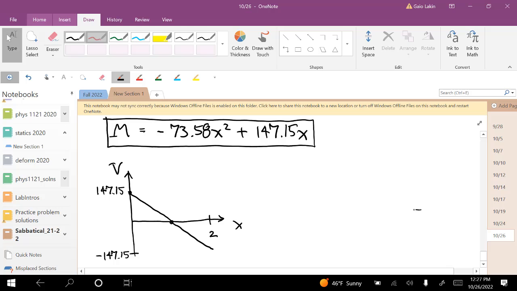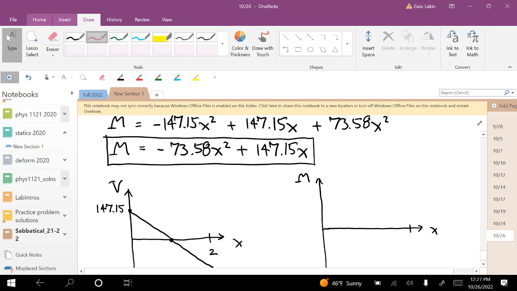And then the bending moment. Well, when x is equal to 0, that's 0. When x is equal to 2, that's also going to be 0.